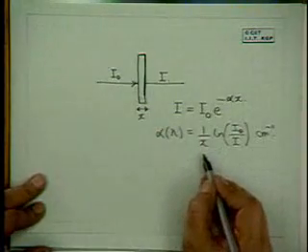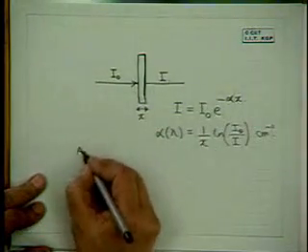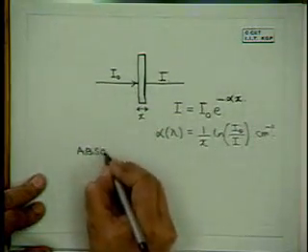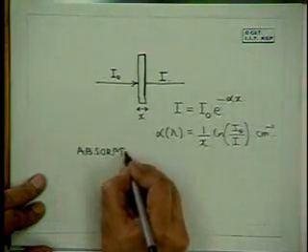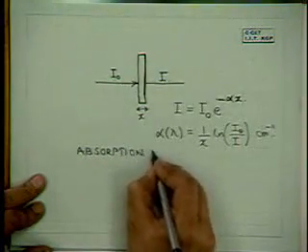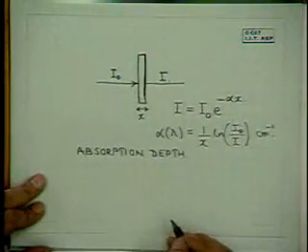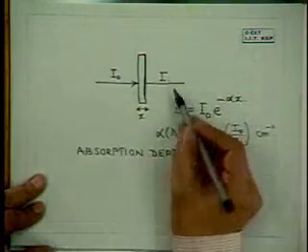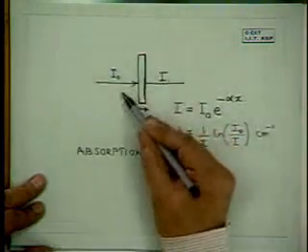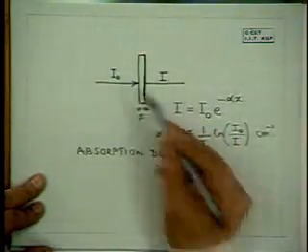For example, what is the absorption depth? The characteristic depth at which the intensity of the light becomes 1 by e of the incident radiation.